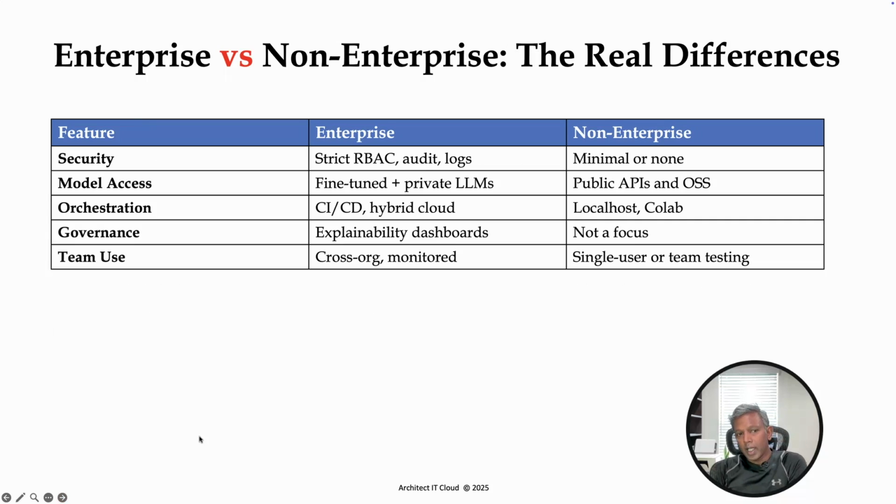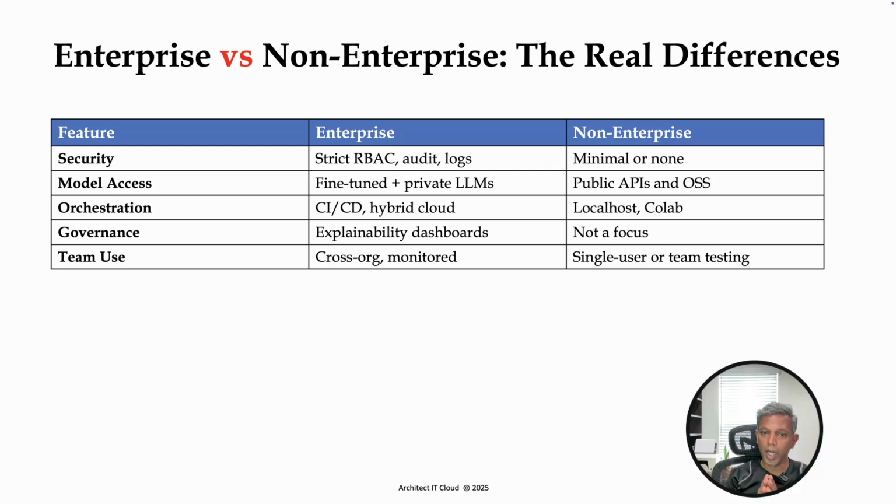And what exactly is the clear difference? If you look at the first column, I have mentioned a couple of factors. These are the key factors that differentiate enterprise AI agents and non-enterprise AI agents. First one is security. When it comes to security, the enterprise AI agent follows strict role-based access control, and it produces audit logs and multiple logs to analyze how the agent behaves and how the AI agent reacts to a particular action.